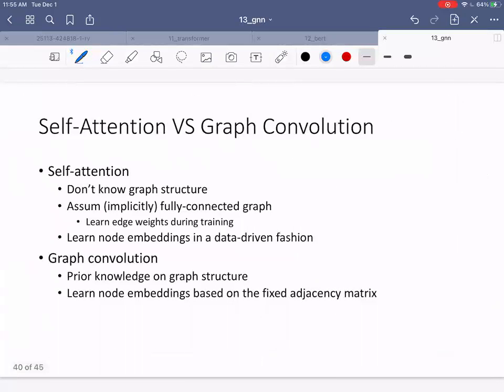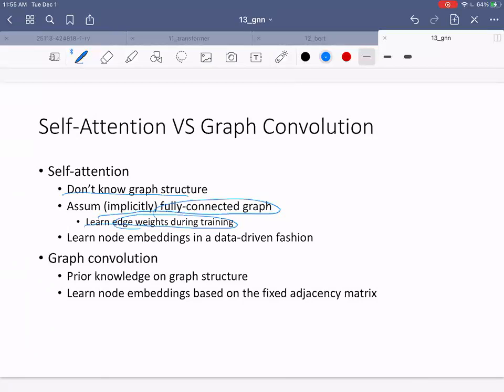Self-attention doesn't know the graph structure, so it implicitly assumes everything is fully connected, and the edge weights, being the attention scores, are learned during training, obtained on the fly.